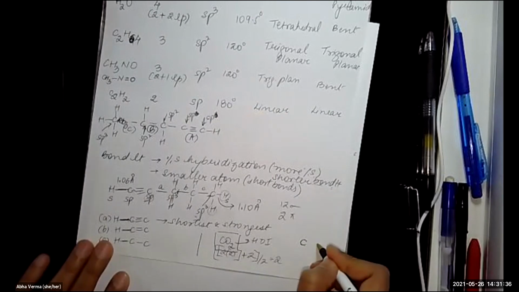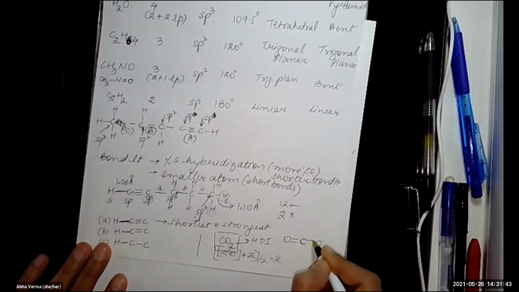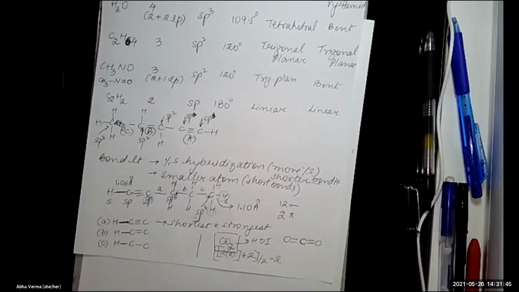I will place the oxygens around it. So Kathy, I just have one last question for you. Do you think there will be any lone pairs on carbon, or is it satisfied? I think it's satisfied. It is satisfied, very good.